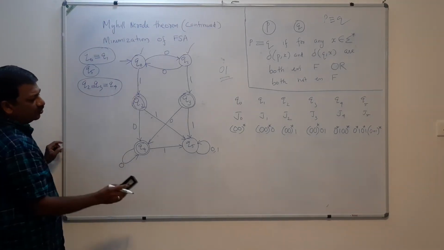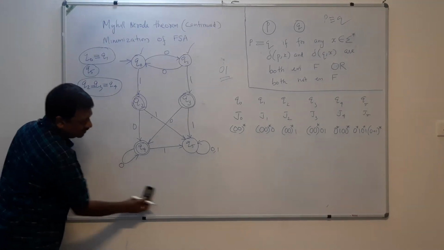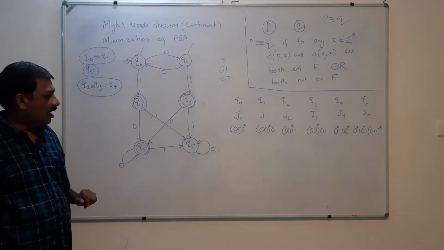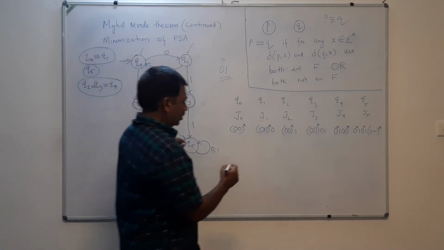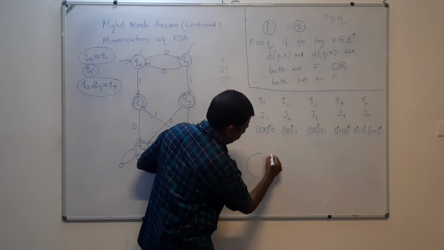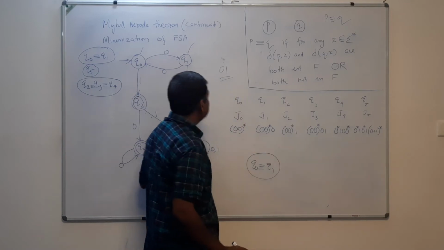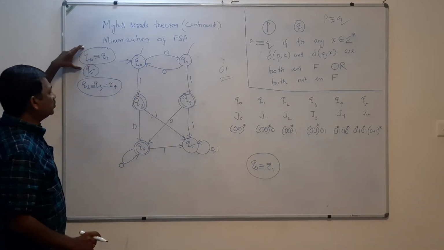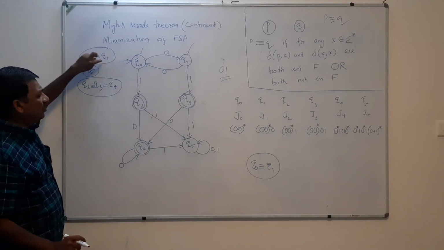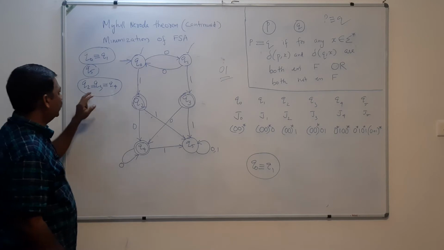Now I am going to rewrite this. Q0 equivalent to Q1, so I am going to replace these two, Q0 and Q1, with a single state, Q0 equivalent to Q1.